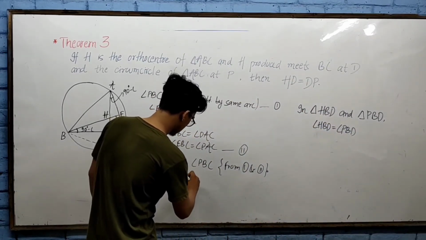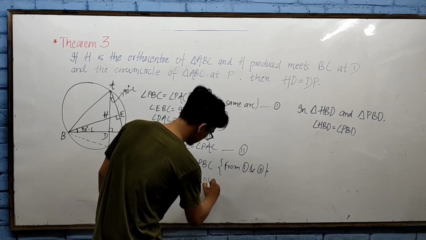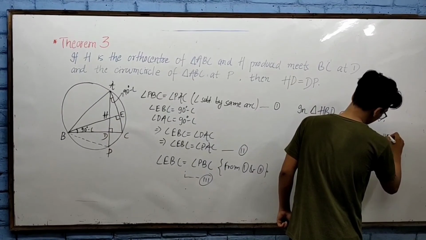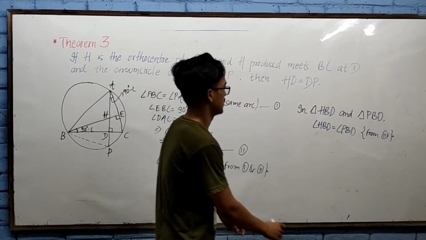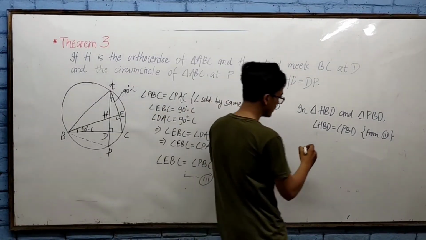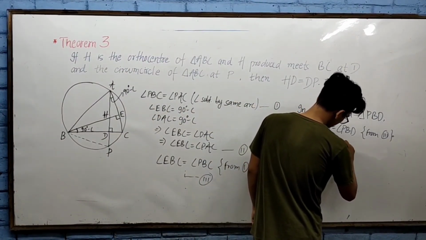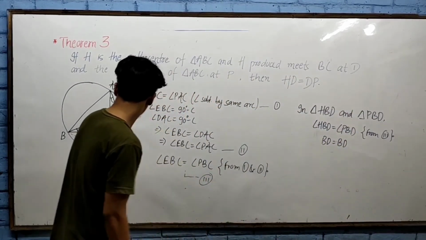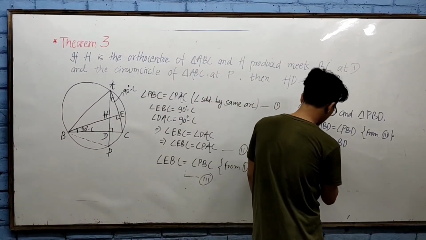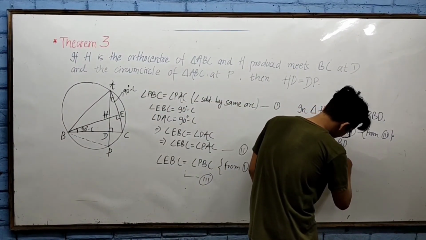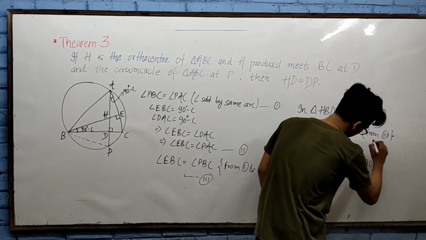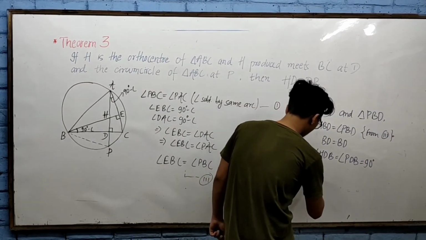If you say it as 3, you can write here, from 3, angle HBD equals angle PBD, BD equals BD, common side, and angle HDB equals angle PDB equals 90 degrees.